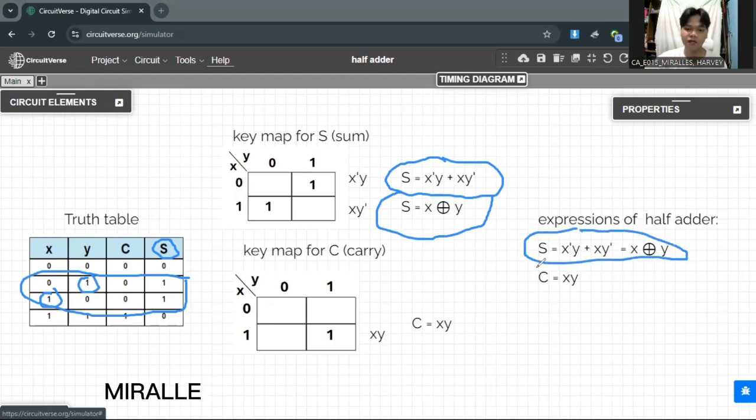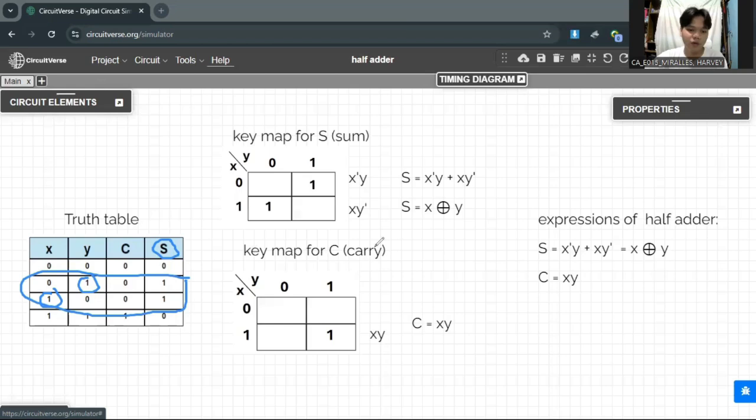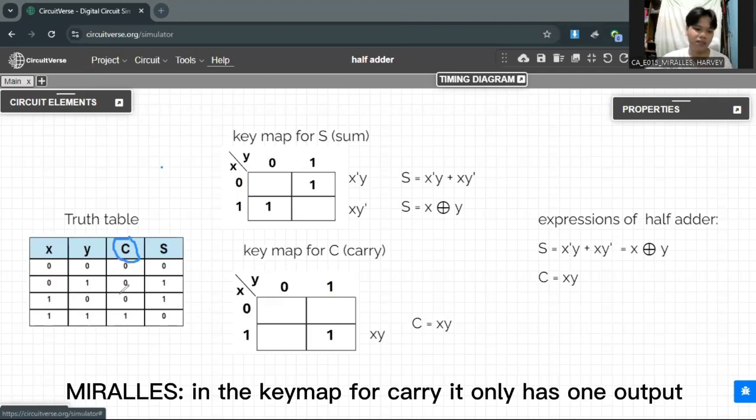So, dito naman tayo kay carry. Bubuo tayo ng expression kay carry. So, paano nga ba natin nakuha yun? So, dito sa K-map for carry. Yan. So, dito naman sa carry, yung output natin is isang 1 lang. So, yung gagamitin natin is ito lang.